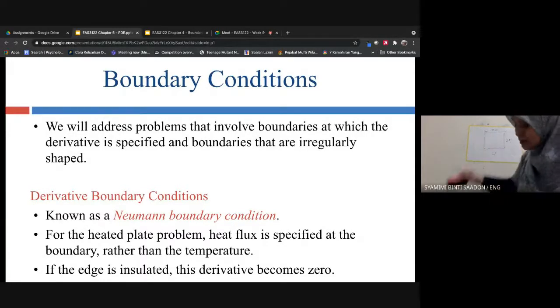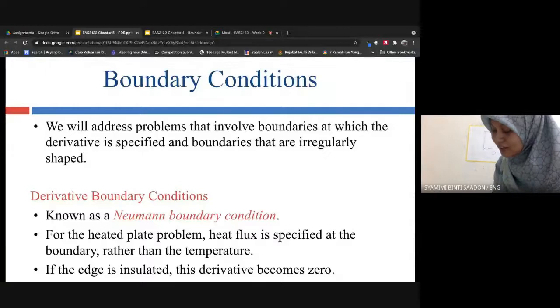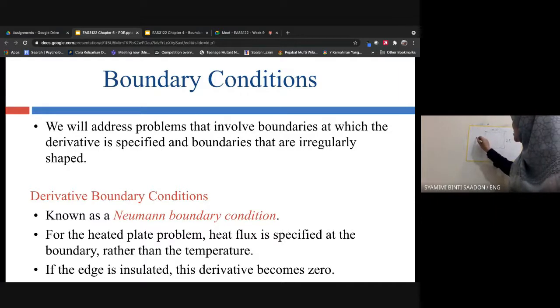For a heat transfer process, the partial differential equation is usually the heat flux. It is sometimes given in a form like this: delta T, the partial differential dT/dx. So this is actually a heat flux.